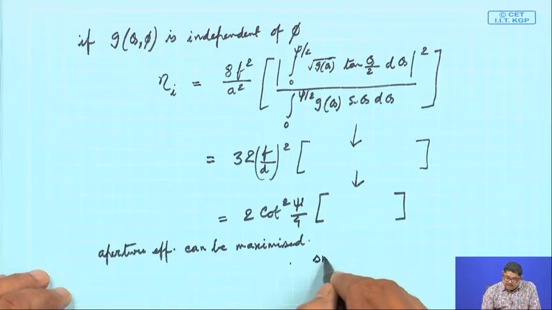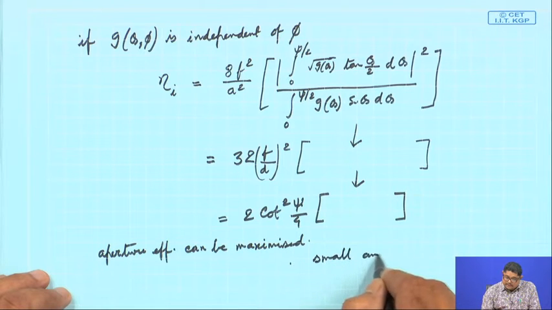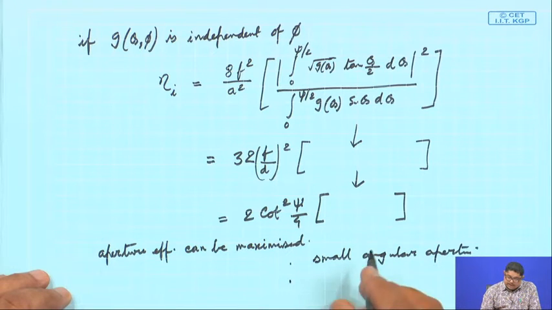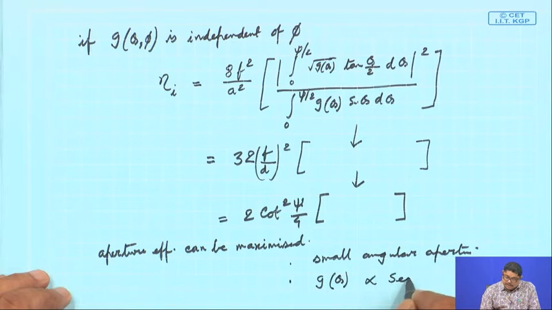So, one thing is small angular aperture, and previously we have seen that if we take the feed power pattern G proportional to sec 4 theta by 2, then also we can maximize.